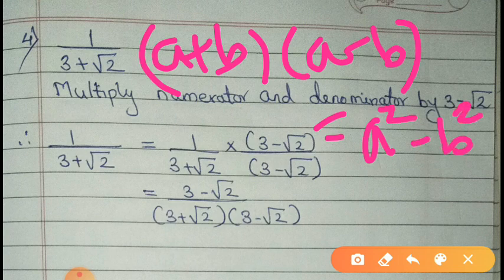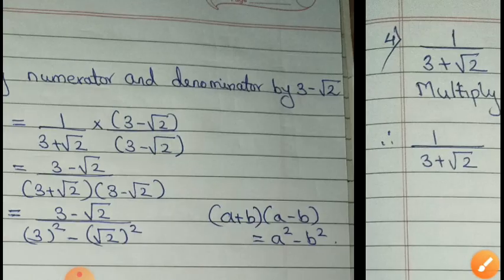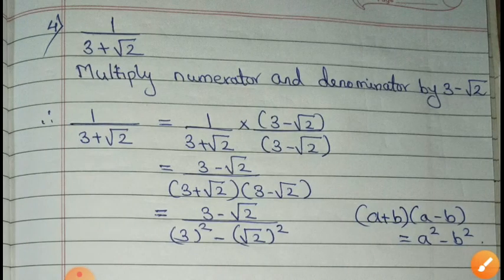See, for rationalization of binomials in the denominator, you will always have the case where the denominator becomes a square minus b square. So I'll have it as 3 minus root 2 by 3 square minus root 2 square.